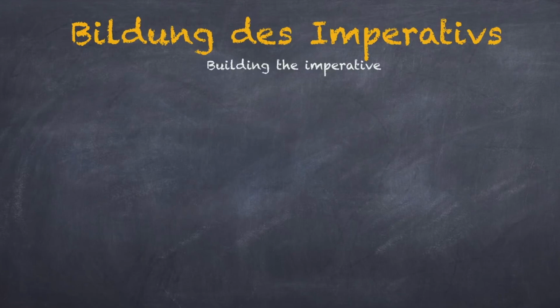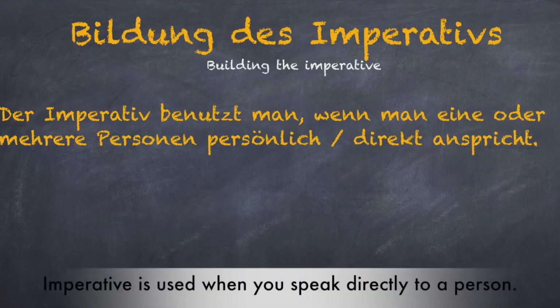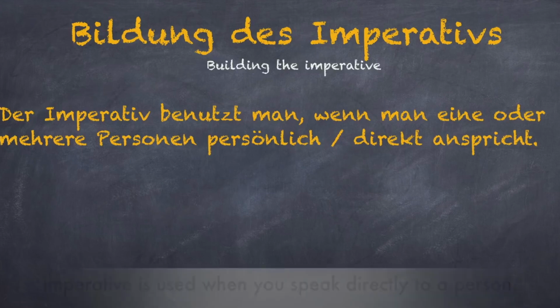Bildung des Imperativs. Imperativ benutzt man, wenn man eine oder mehrere Personen persönlich direkt anspricht. That means when you're talking to one or more people directly, then you use imperative.